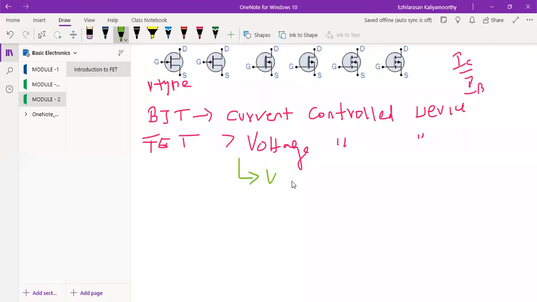It has very high input resistance, unlike your BJT.